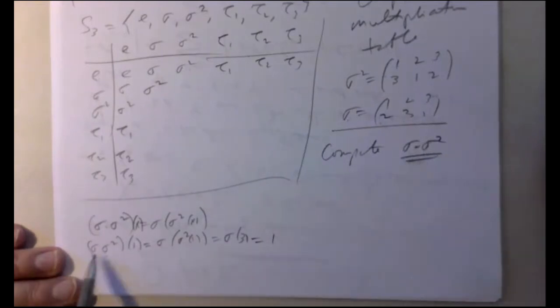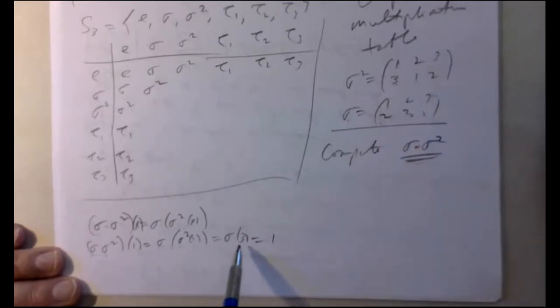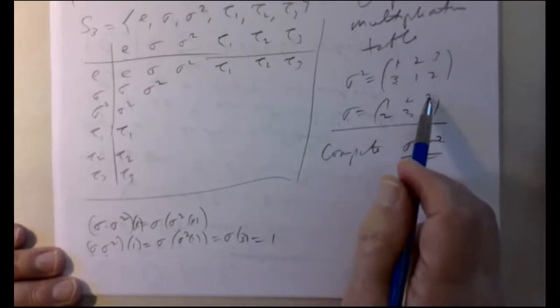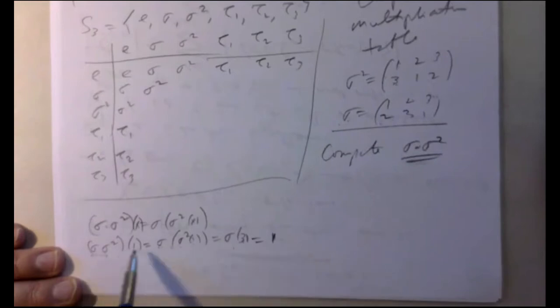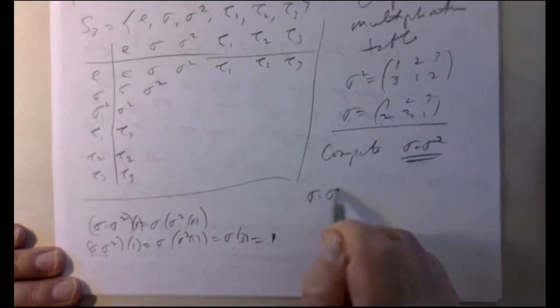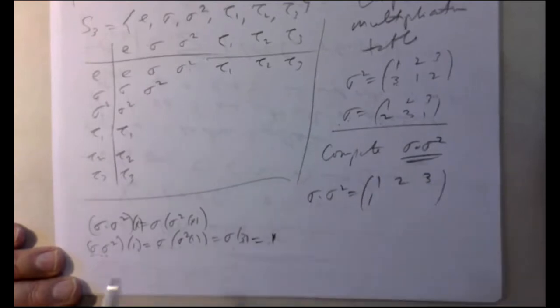Sigma sigma squared of 1 means sigma applied to the number sigma squared of 1. Sigma squared of 1 is 3, so this is sigma of 3. Sigma of 3 is 1. So 1 goes to 1.